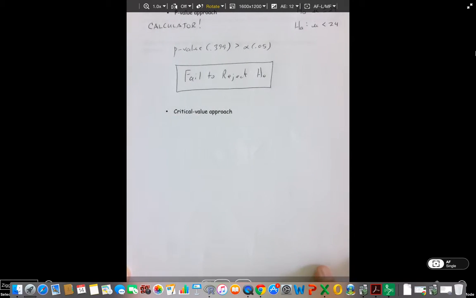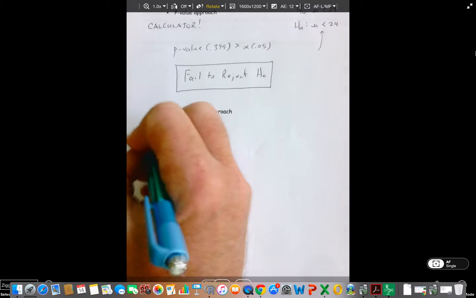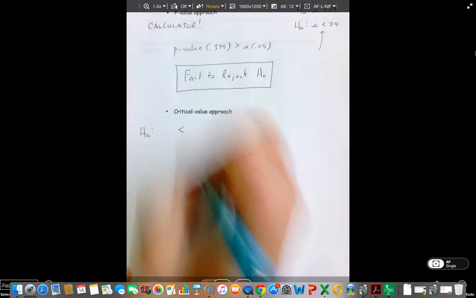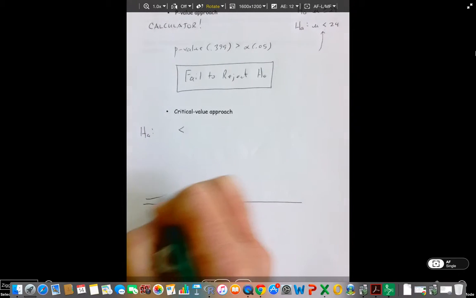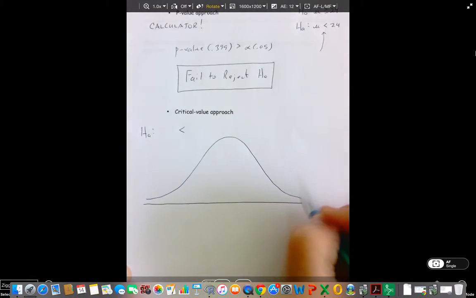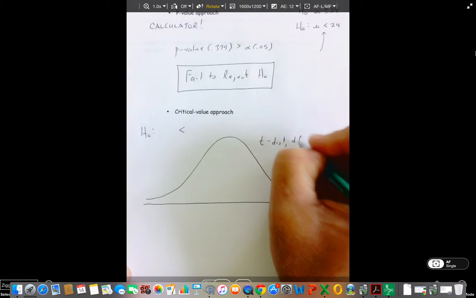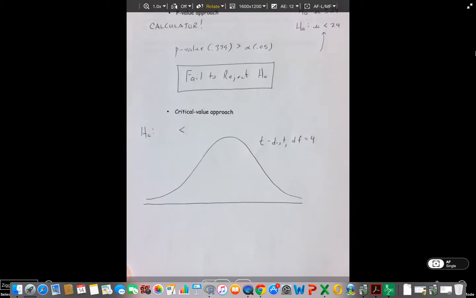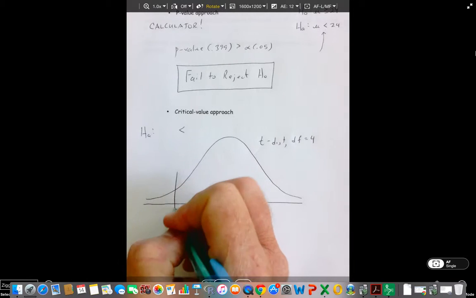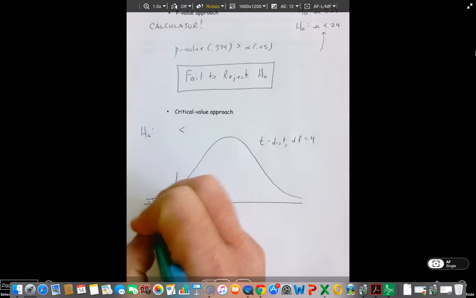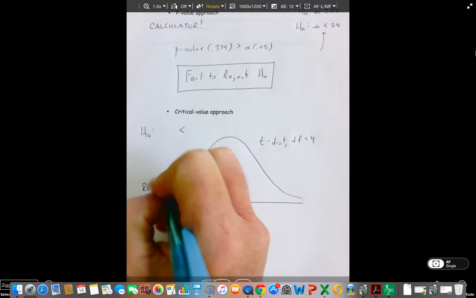What do we do first? Guys, we tap into this right here. What's the sign? What does that tell you? You're dealing with the same distribution, degrees of freedom 4, but because you have less than, you're putting all of your rejection region in the left tail.